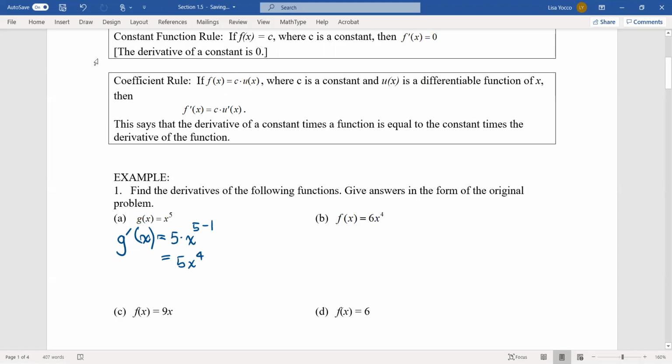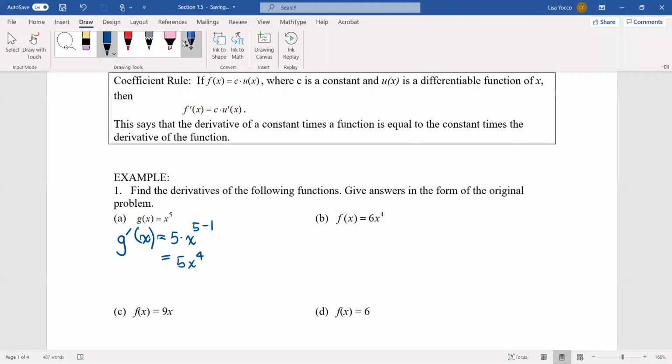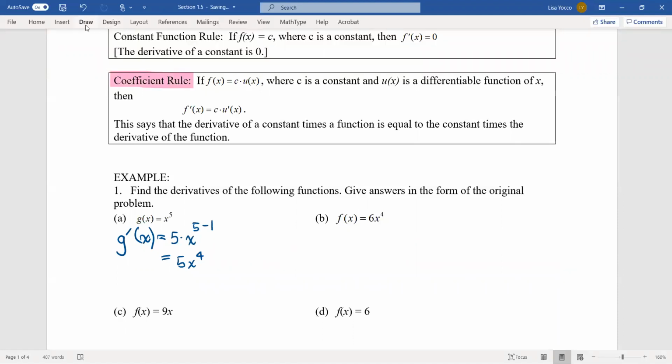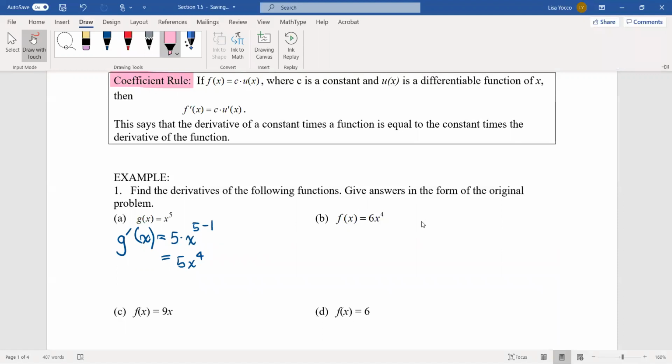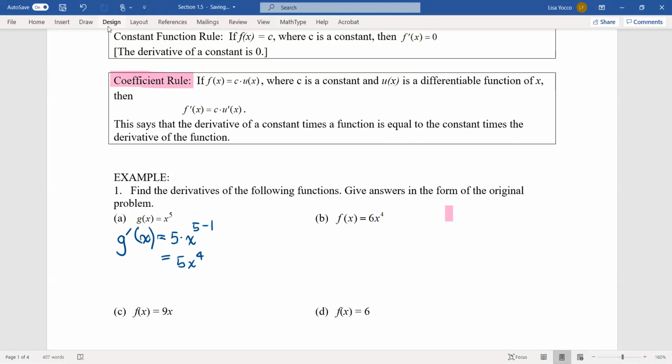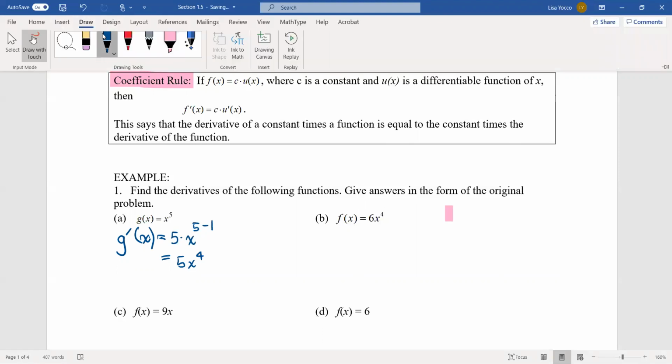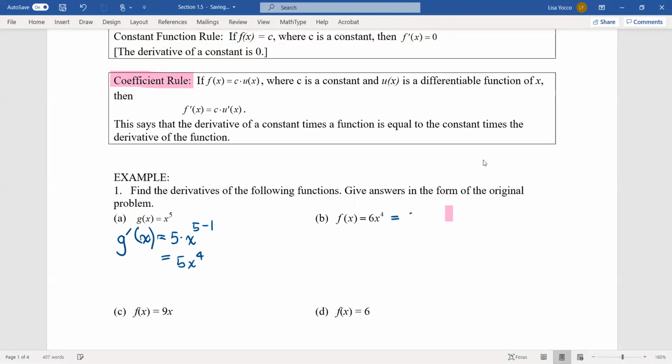That's actually illustrating the quotient rule, the coefficient rule, which says, okay, suppose you have a coefficient times a function, which is what I have in part B. So it's really 6 times x to the 4.